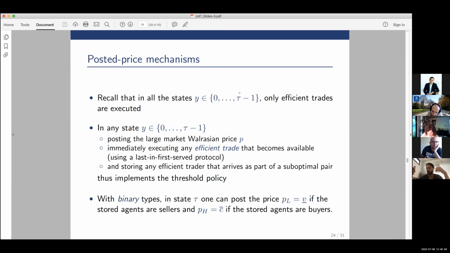Or if you have somebody stored and one of them rejects and the other one says yes, you execute the efficient trade that you can create. So in all the states that have an index less than tau, you can just post the price p, and you execute the efficient trade that you want to execute according to the threshold policy.